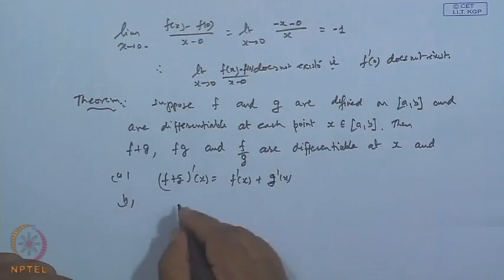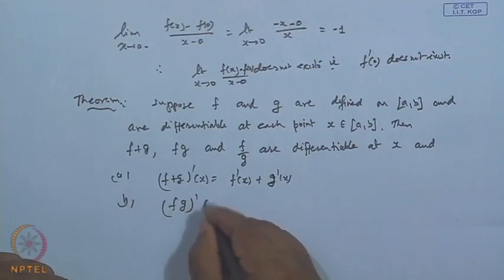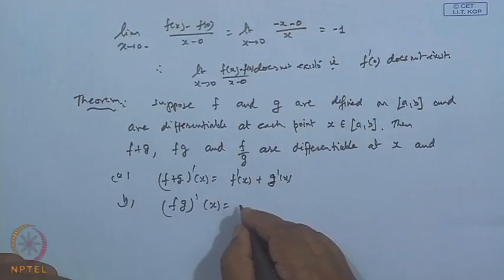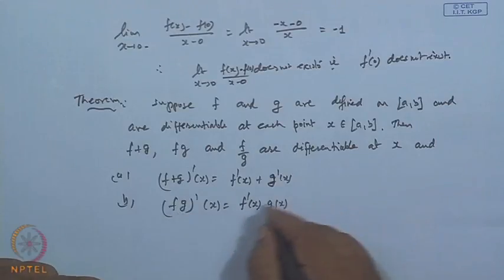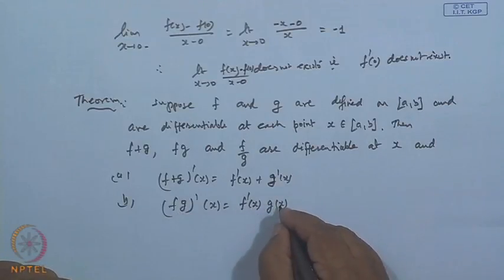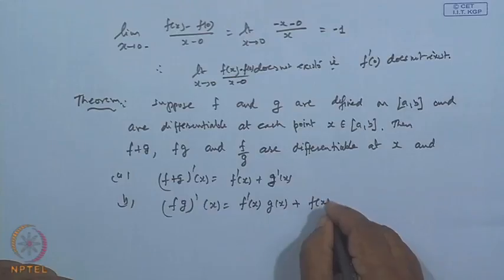and the derivative of f g at a point x is the derivative of the first function f multiplied by the second. This is the product rule: derivative of the first function multiplied by the second, plus the first function into the derivative of the second.